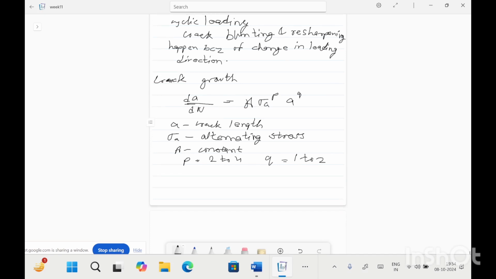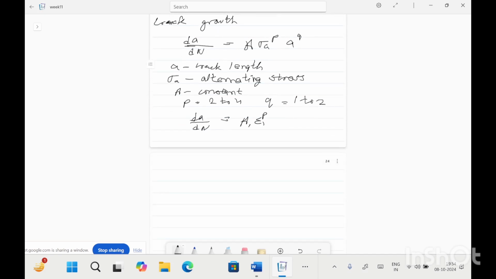When Q is 1, dA/dN can be written as A1 epsilon^P.